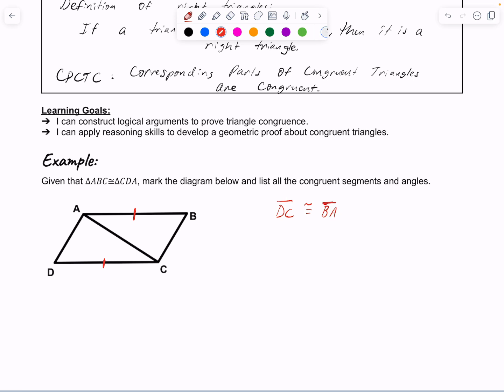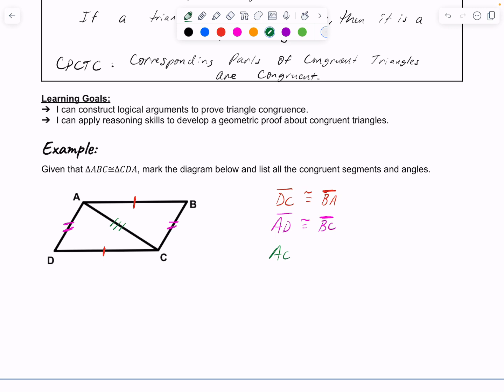Then let's do segment AD is congruent to segment BC. And then my last one, you can see that they actually share this. So this is AC is congruent to CA, or you could say is congruent to AC. They're actually the same, so there's no issues there.